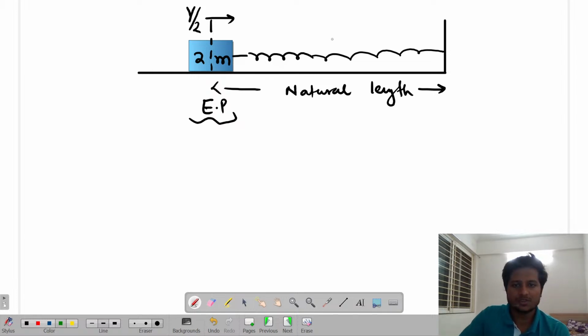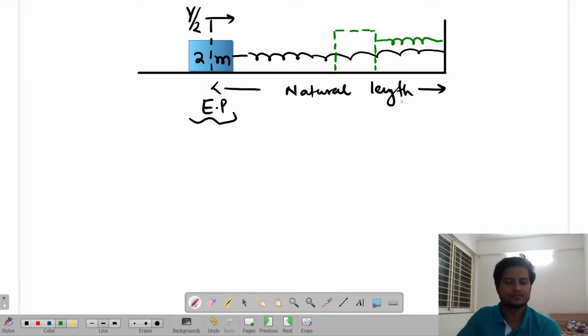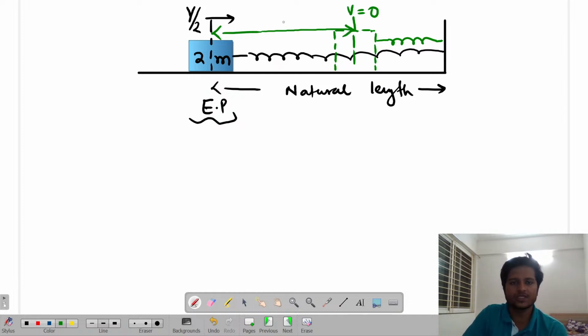This block will come somewhere over here, and the spring will get compressed due to that. So this point where the velocity becomes zero will have a certain gap between this point and this point, and that is the gap of maximum compression, or you can say the maximum compression length, which we also denote by the amplitude.